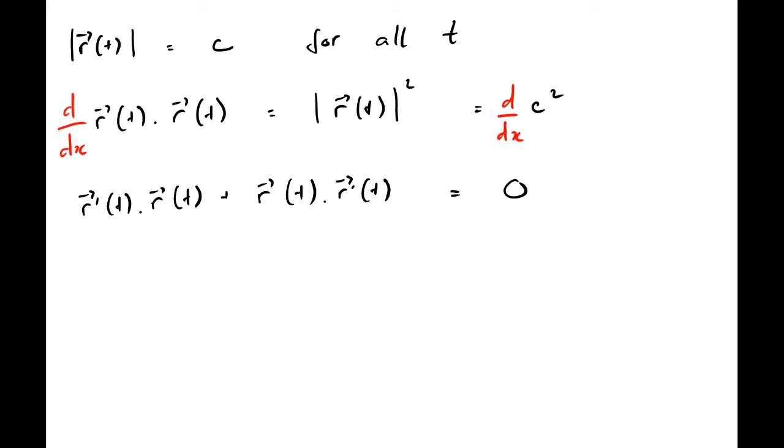So the left side will become 2 r'(t) dot r(t), and because the dot product of r'(t) and r(t) equals 0, that means r'(t) is orthogonal to r(t).